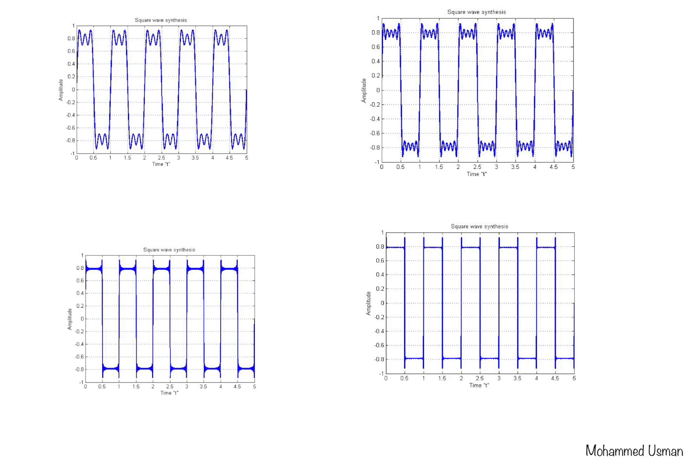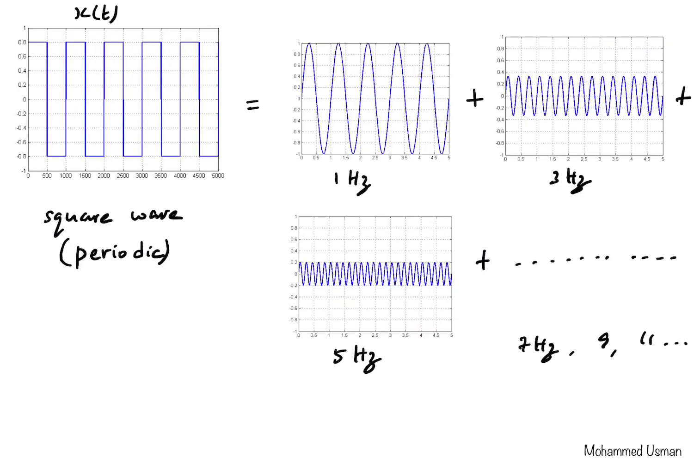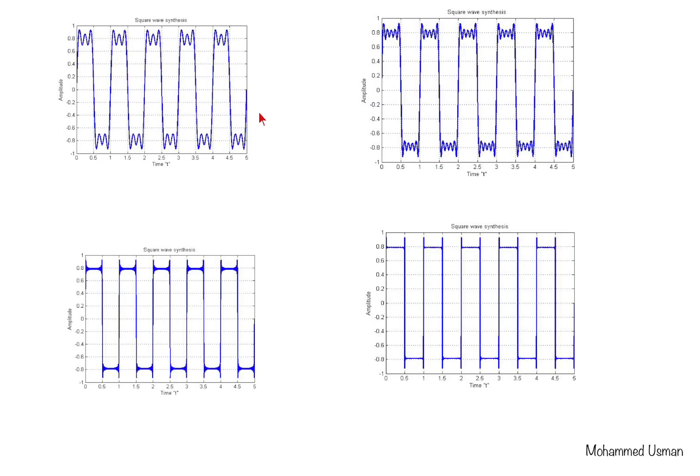What I have shown here is the square wave reconstructed by adding these sinusoidal components. If we add only the first 3 components, that is the 1 hertz, 3 hertz and 5 hertz component, we get this waveform. It looks somewhat like a square wave, but it's not exactly a square wave because these lines are not very vertical, and there are also these ripples where this should have been constant.